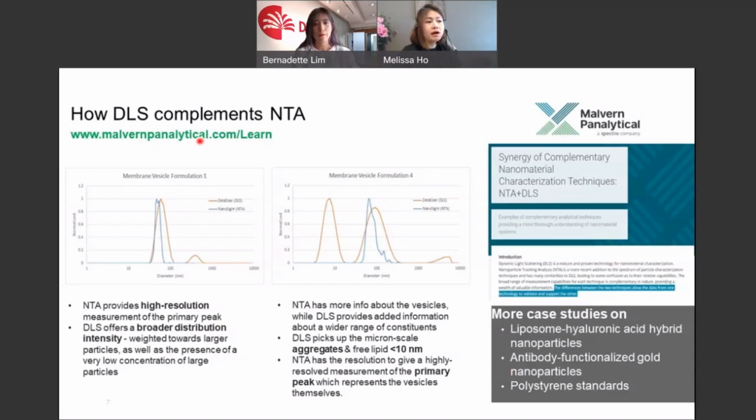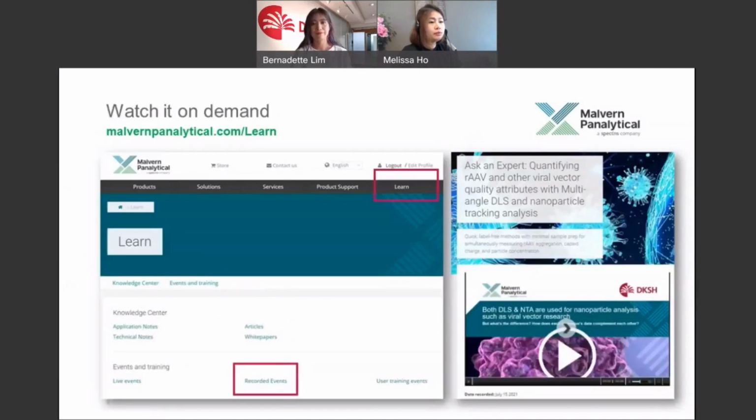So take note of this URL, malvernpanalytical.com/learn. And over there, you will be able to find not only these white papers, technical notes, application notes, but even the webinar on demand, which is the one that you see on the screen right now.